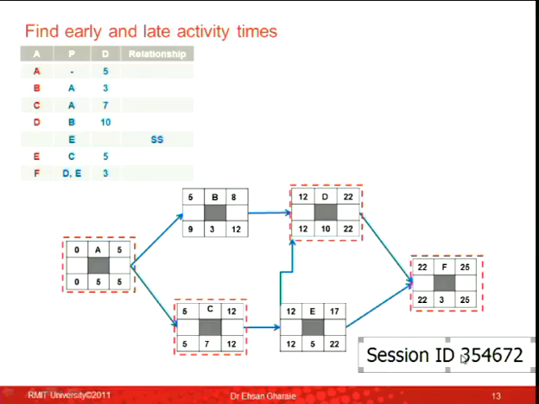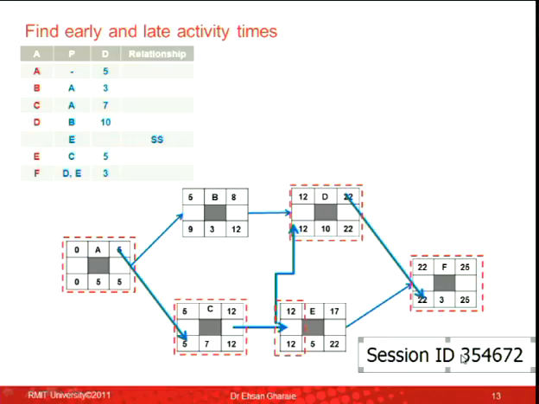Now look at the start of activity E. It says the earliest start on activity E is 12. The latest start for activity E is 12. It means activity E has to start on day 12. It means the start of activity E is critical.